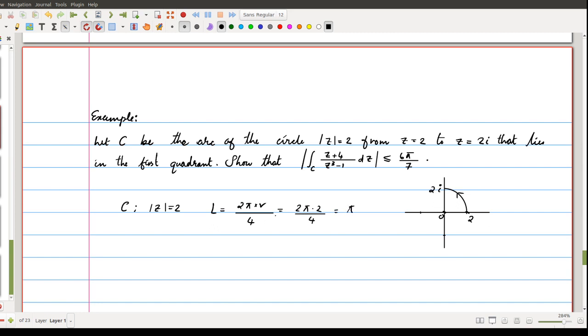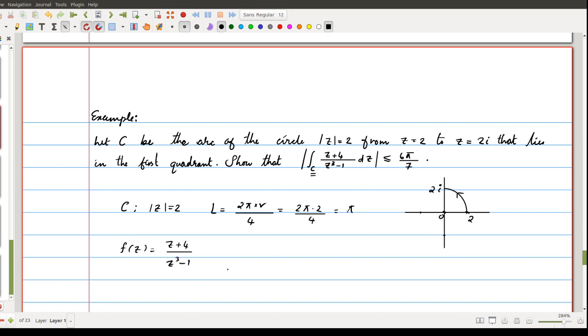So we have already shown that this modulus is always less than or equal to the upper bound for f of z times the length of C. We already obtained L, the length of C, that is pi. Now we find the upper bound for f of z. We know that f of z is equal to z plus 4 divided by z cube minus 1.